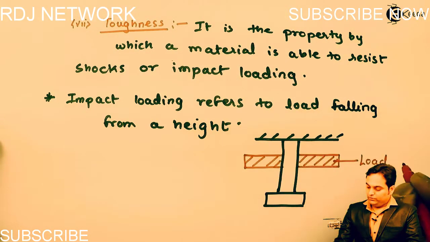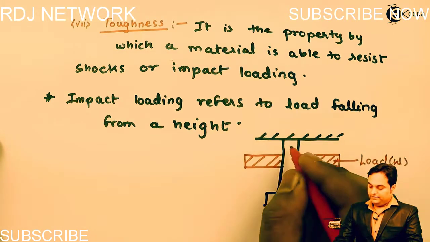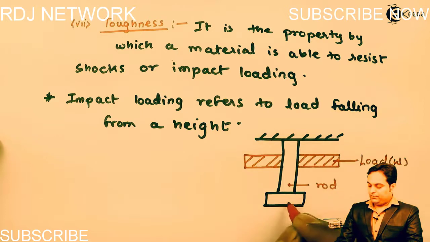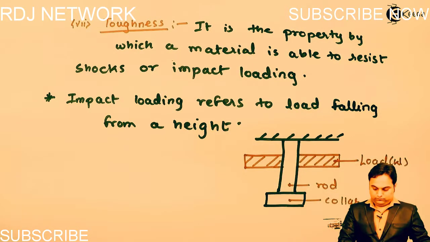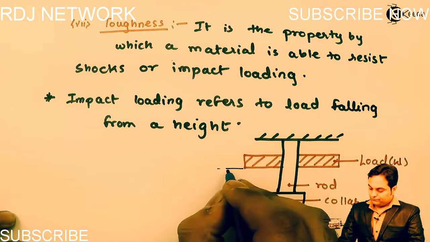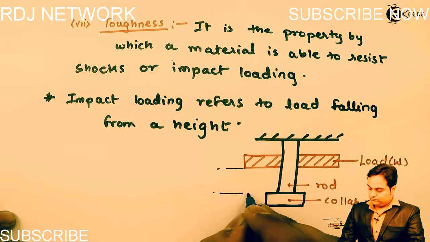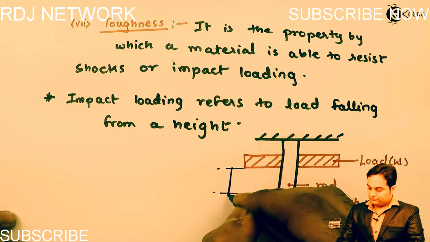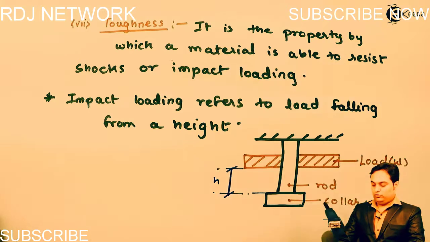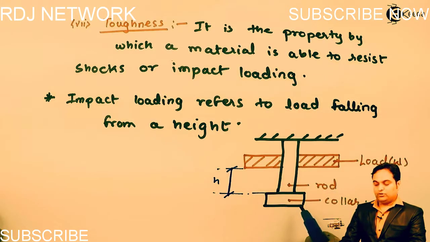Here we have a load, and this is a bar, or we can say rod. Over that we have a collar. Now here I have height h through which the load is falling onto this collar.